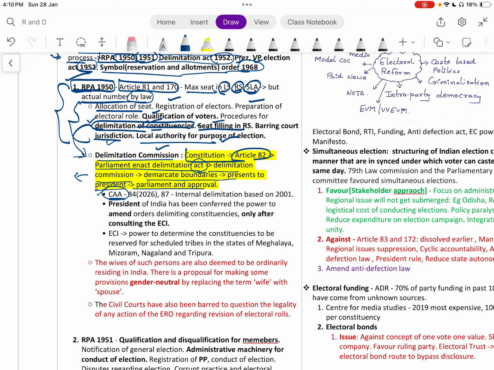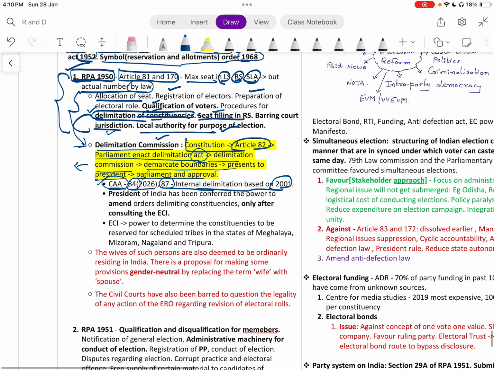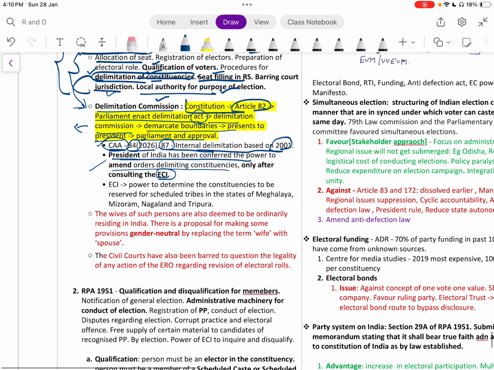The 84th Constitutional Amendment Act has frozen the delimitation procedure until 2026, and the 87th Constitutional Amendment Act made internal delimitation based on 2001. Okay. President of India has been conferred with the power to amend the order of delimitation of constituencies only after consulting Election Commission of India.